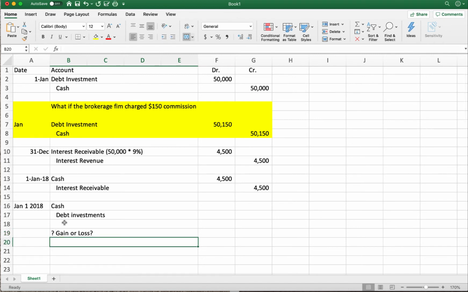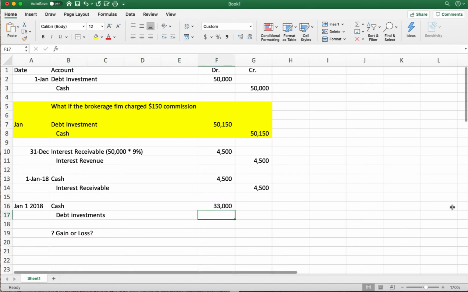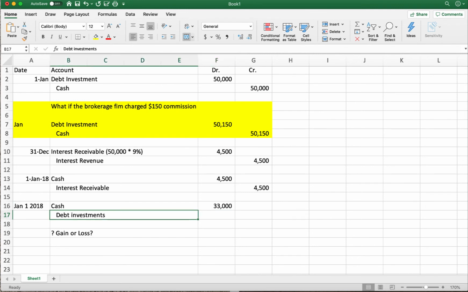So how much cash do we receive? Well, we don't need to calculate anything. The problem tells us we sold the bonds for $33,000. Guess what? That's the cash we received. Okay. The debt investments. How much did we sell? Well, we sold 30 bonds, right? So how much are 30 bonds? Well, think about that, okay?